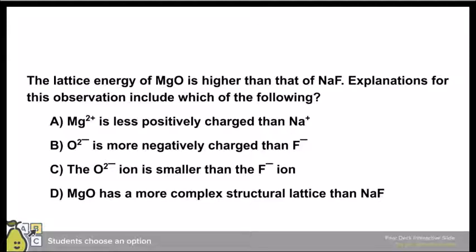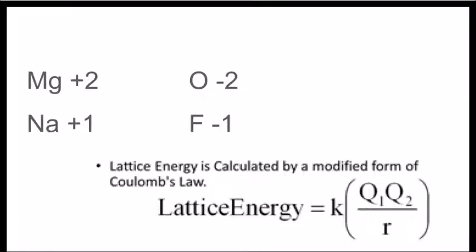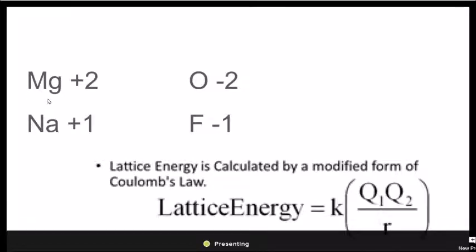So the calculation for that is going to look just like Coulomb's law. Magnesium has a +2 charge and oxygen has a -2 charge, whereas sodium has a +1 charge and fluorine a -1 charge.